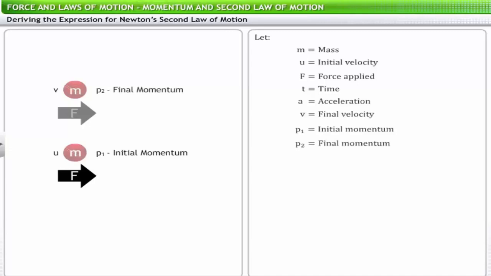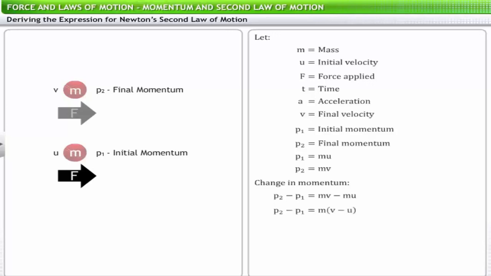By the definition of momentum, p1 is equal to mu. p2 is equal to mv. Hence, the change in momentum is p2 minus p1 is equal to mv minus mu, or m multiplied by (v minus u).